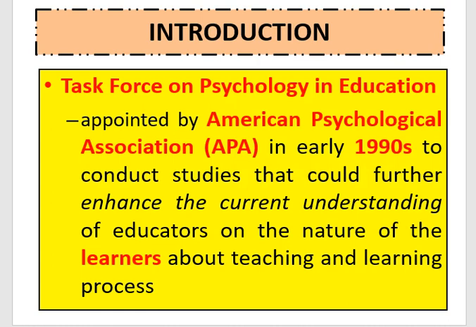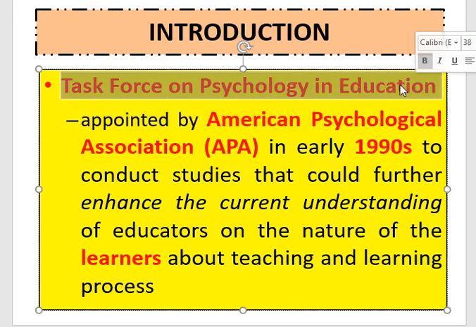Way back in the 1990s, the American Psychological Association, or APA, created a task force on psychology in education. So, what's the reason behind this group? The task force was formed to explain further the events in the teaching and learning process.